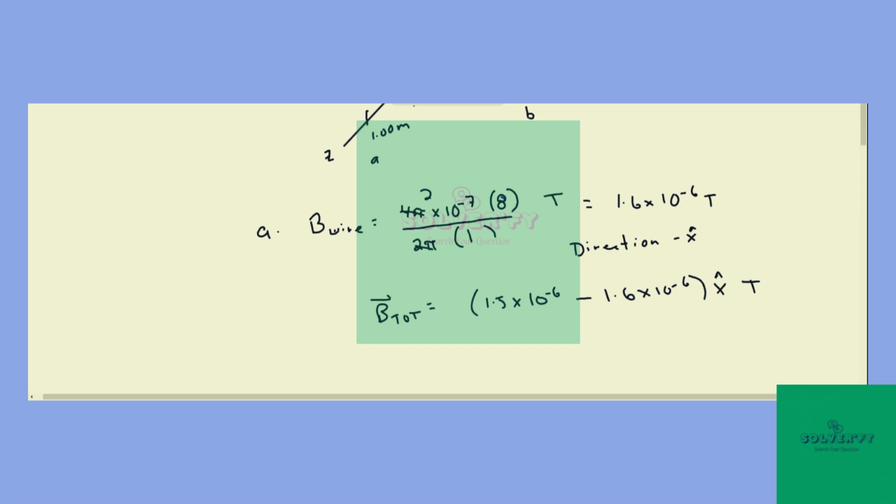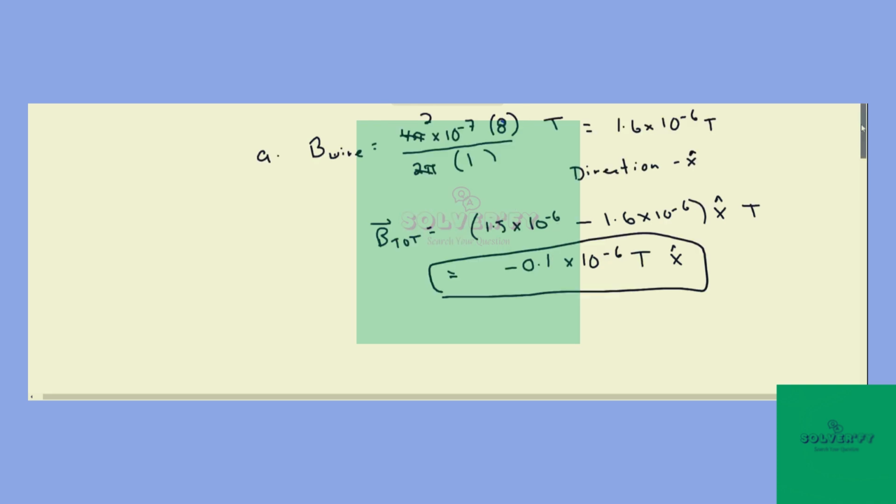And so that comes out to be a really tiny amount: minus 0.1 times 10 to the minus 6 Tesla in the x-hat direction. Yeah, magnetic fields tend to be quite small, from wires, anyway.